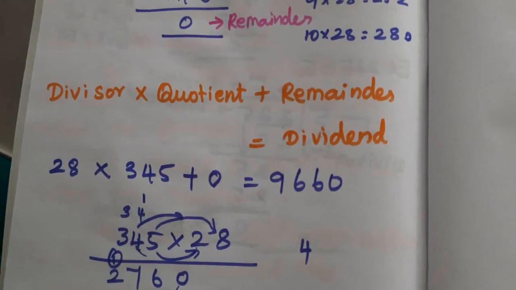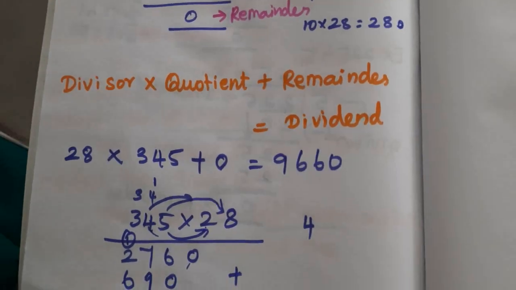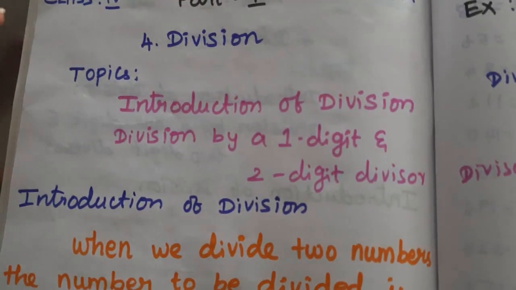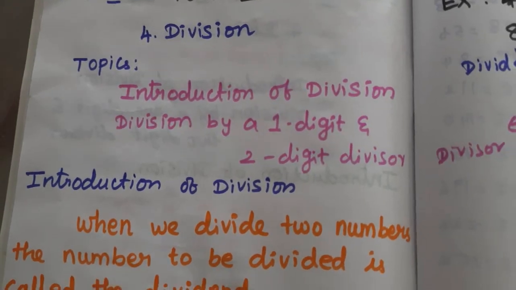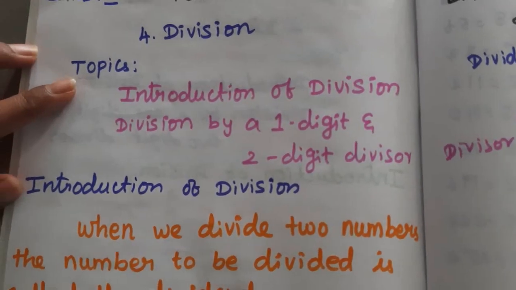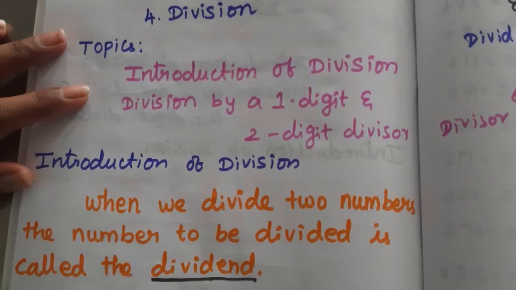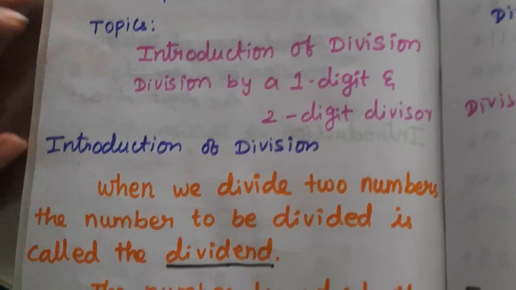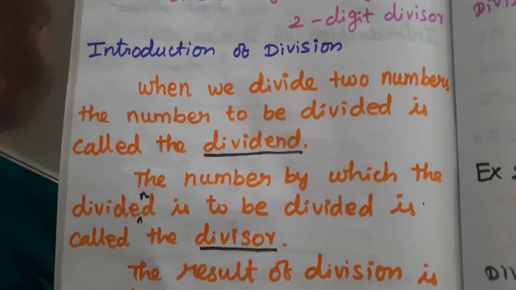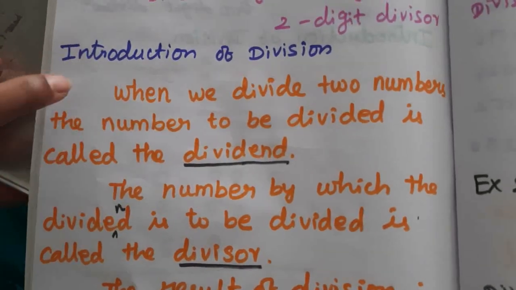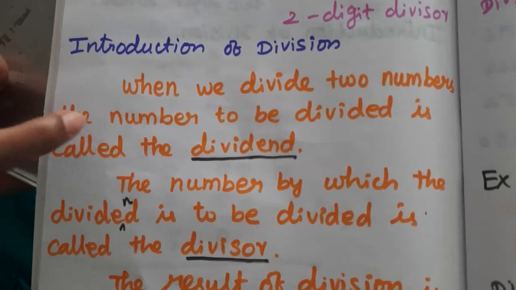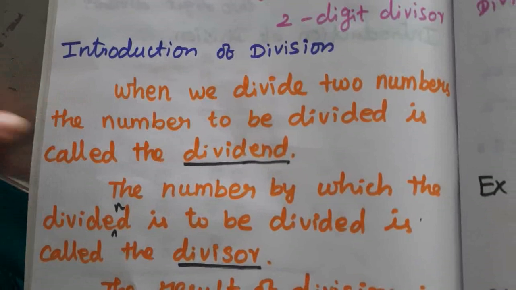Okay, now I am going to conclude this session with a quick recap. In this session we discussed two topics: introduction of division, and division by 1 digit and 2 digit divisor. First, the division introduction. When we divide two numbers, the number to be divided is called the dividend.